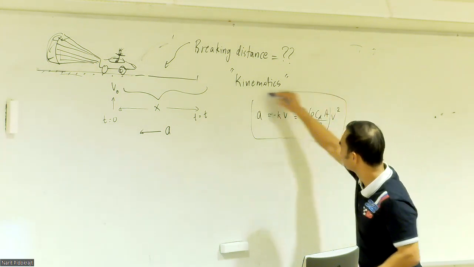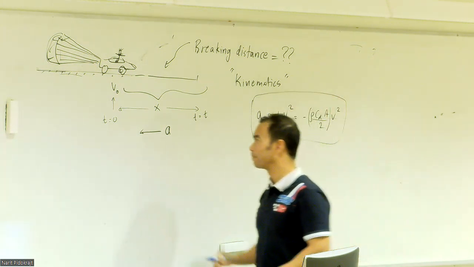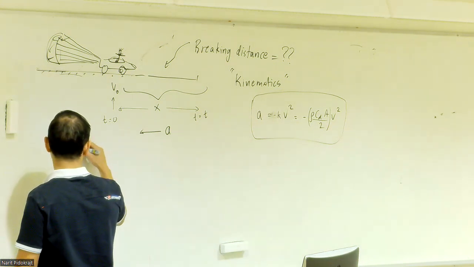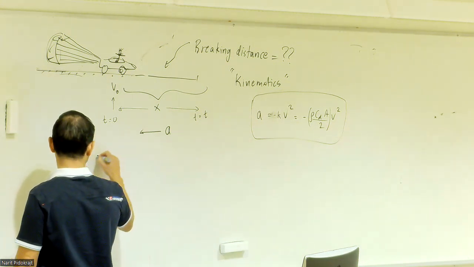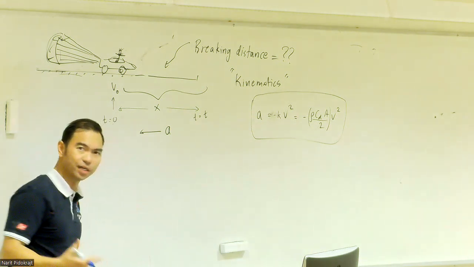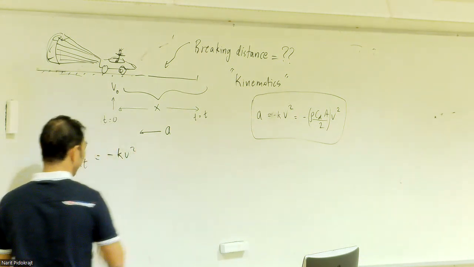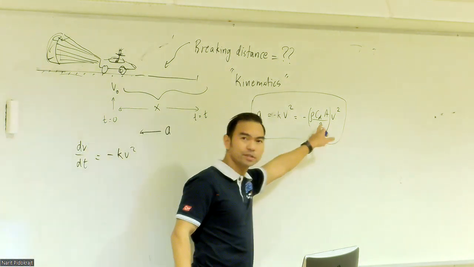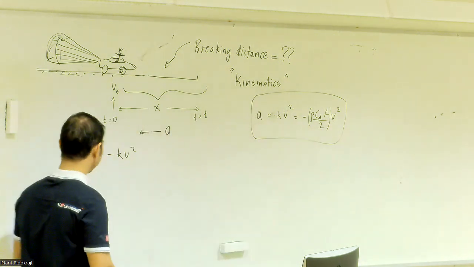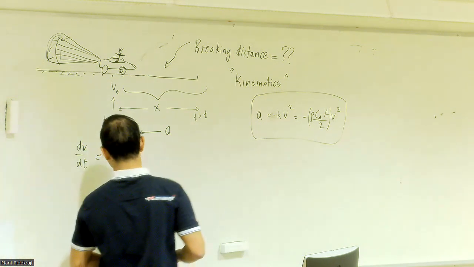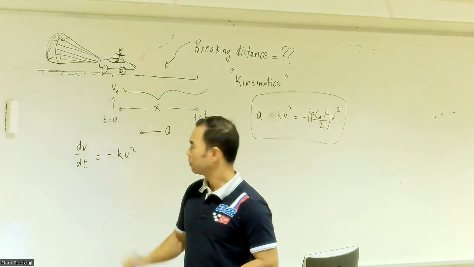So we start from here, and with differential equations, we already know from physics and calculus that a is dv/dt, equals minus k v squared. I will stick to k, since I don't want to write all these parameters; we can insert them back later. So dv/dt equals minus k v squared, and we can do separation of variables.